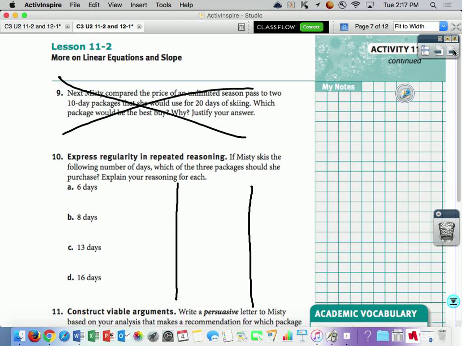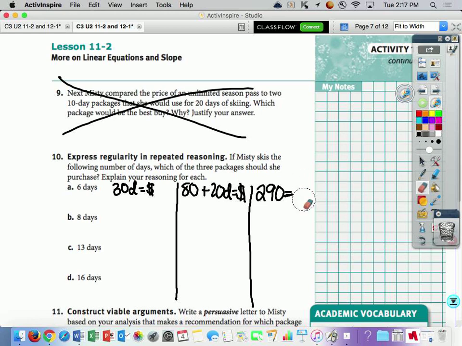So every day she is going to spend $30. Then we found out if she pays $80 up front, then she only has to pay $20 a day. And then our last one is she spent $3.90, and that's just how it is. It doesn't matter what day it is, it's just going to be $3.90.